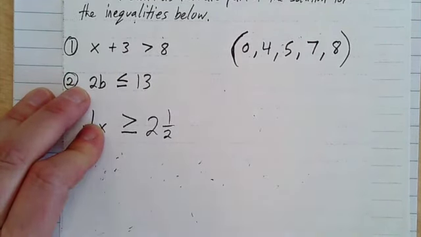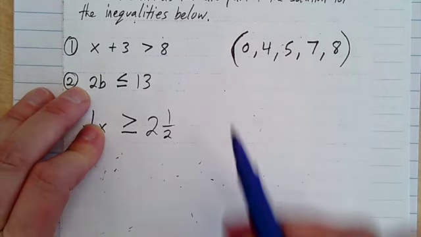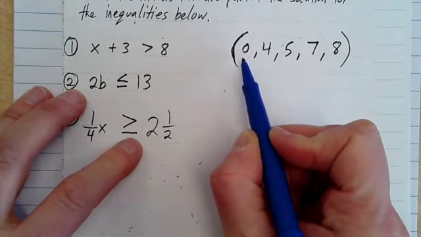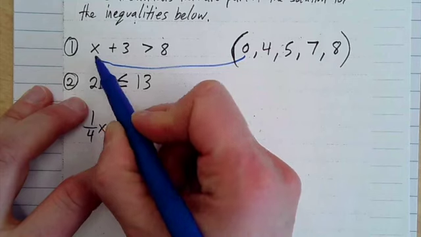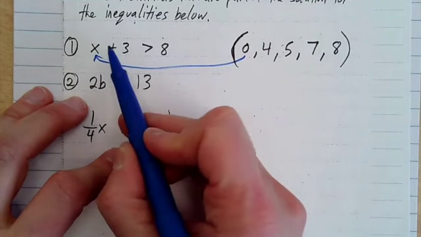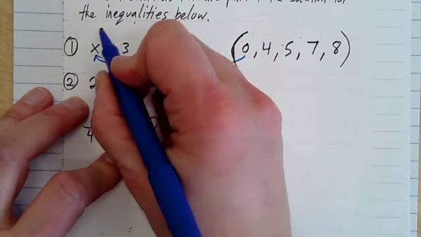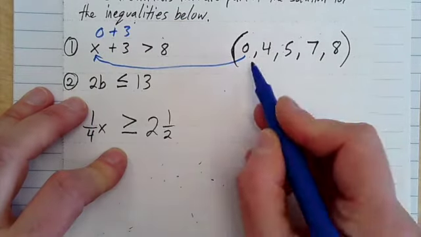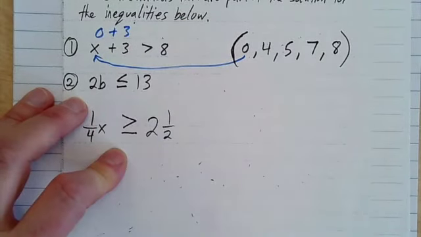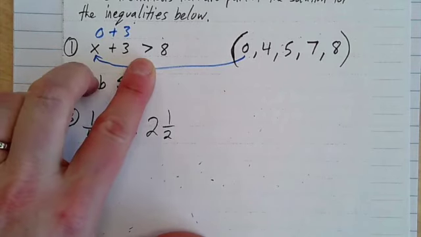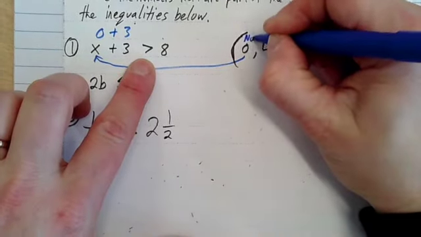So when I put a 0 in here for x, and we can kind of do this in our head, 0 plus 3 gives us 3. Because we're substituting 0 in for x, 0 plus 3 is 3. Is that greater than 8? No, it is not, so you don't circle it.